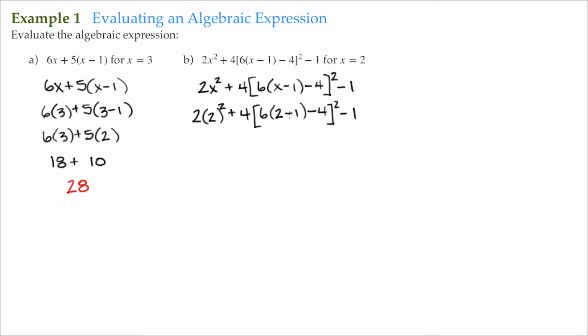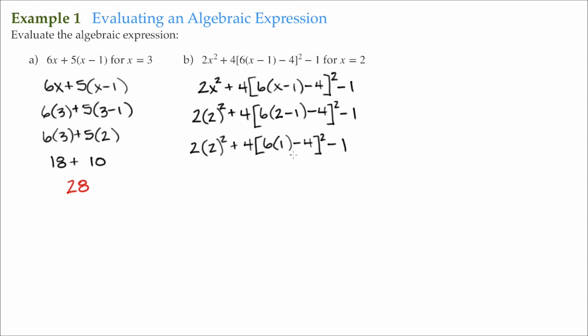So we have grouping symbols within grouping symbols. So we'll do this first. 2 minus 1 is 1. So I'll rewrite this as 2x squared plus 4 times 6x minus 1. When x is 2, 2 minus 1 is 1. Minus 4 all over squared minus 1.